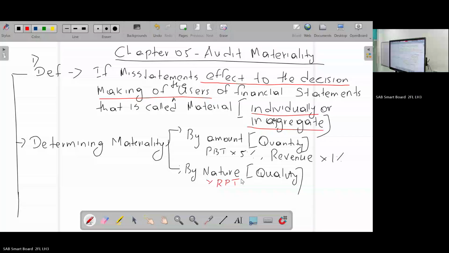But I don't recommend relying only on the amount to decide materiality. Based on percentages, check the certain things that are material by nature.